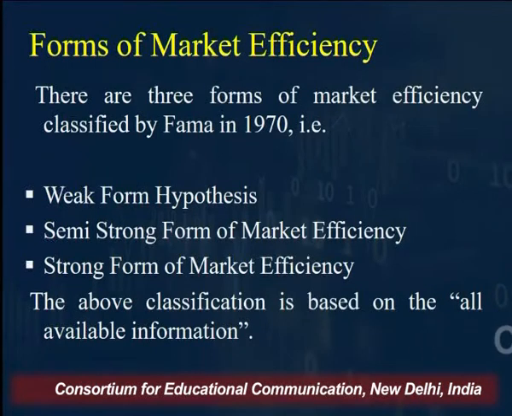So there are three forms of market efficiency classified by Fama in 1970. Fama is the one who gave this, right? So he talks about three forms of efficiency: weak form of market efficiency, or weak form hypothesis as we call it, semi-strong form of market efficiency, and strong form of market efficiency.